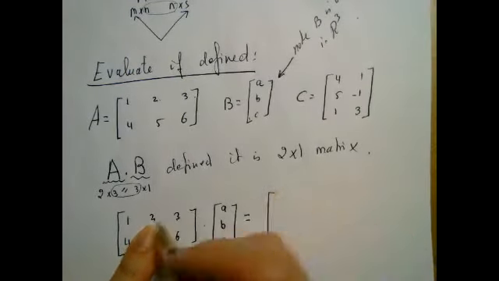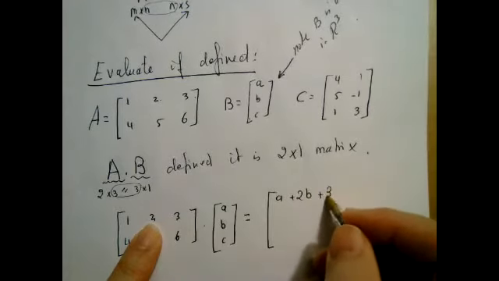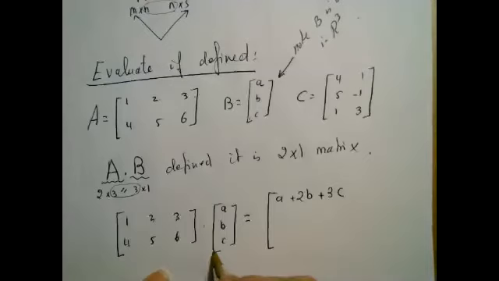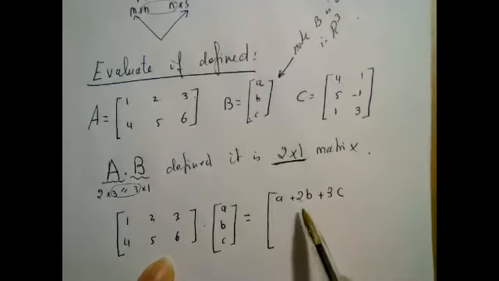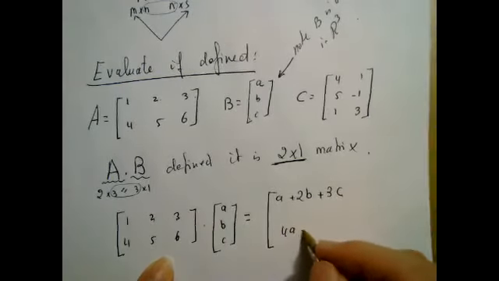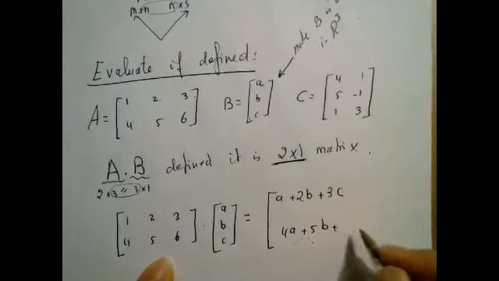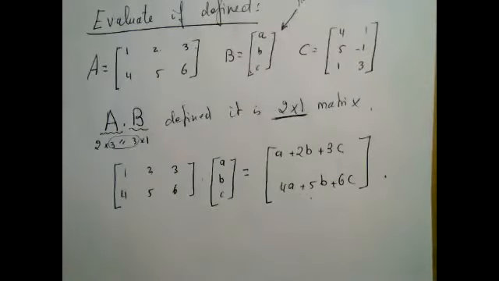So it's A plus 2B plus 3C. And this is in R2 because we're going to get a 2 by 1 matrix, meaning I'm going to get just a vector in R2. And this would give me 4A plus 5B plus 6. Definitely a vector in R2.